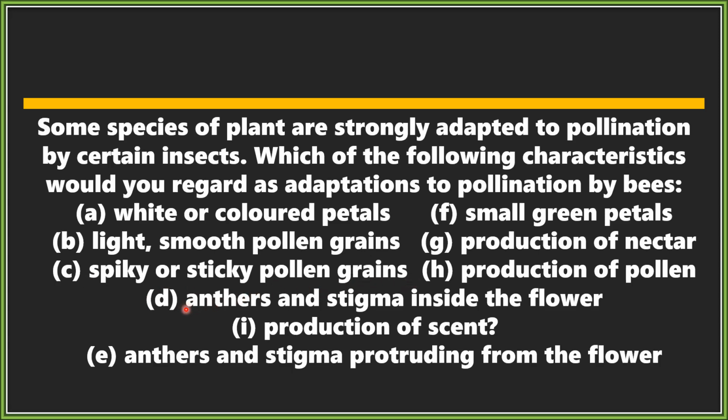D. Anthers and stigma inside the flower. E. Anthers and stigma protruding from the flower. F. Small green petals. G. Production of nectar. H. Production of pollen. I. Production of scent.